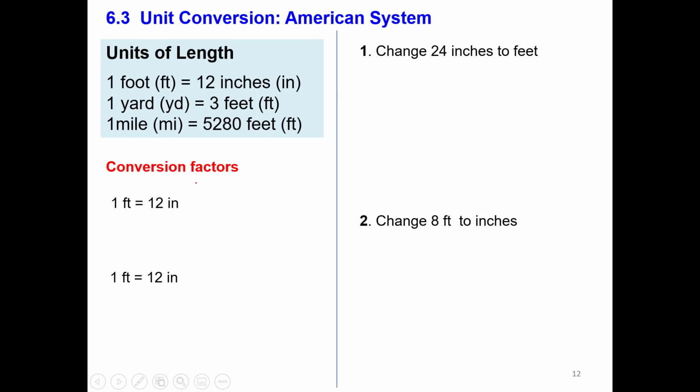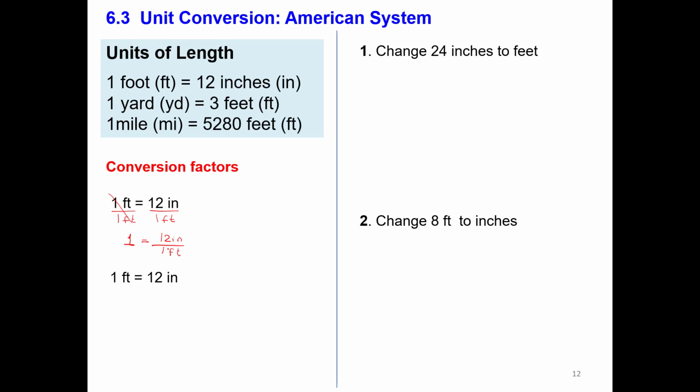We have 1 foot equals 12 inches. What happens if we divide by 1 foot on both sides? 1 foot divided by 1 foot equals 1, and we have 1 equals 12 inches over 1 foot.